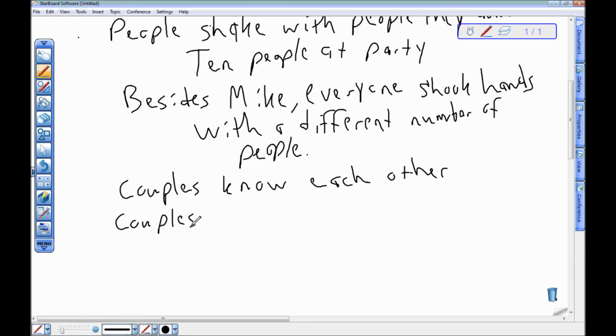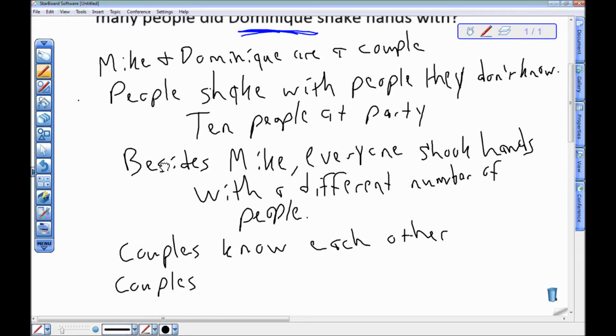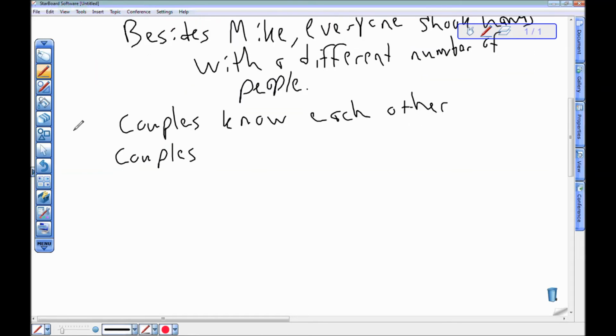From up here, people shake hands with people they don't know, which means that if couples know each other, then couples do not shake hands.